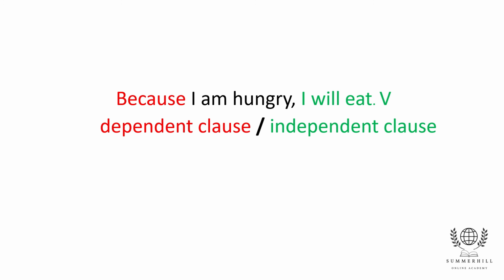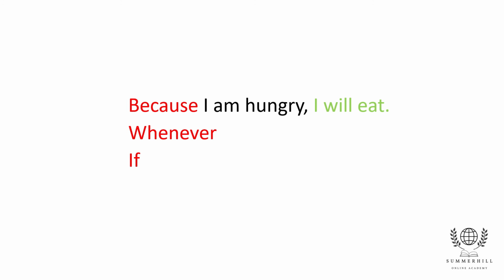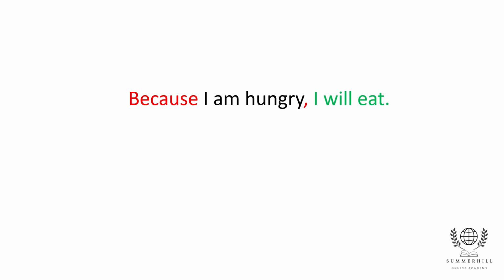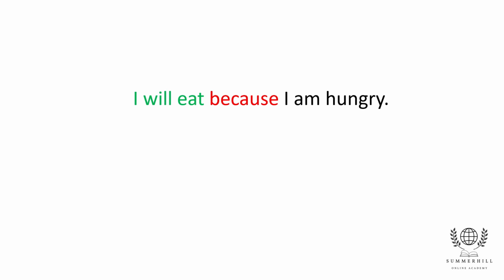Just as a reminder, if we start a sentence with a subordination, because I'm hungry, it doesn't matter which subordination we use, we always put a comma between the dependent and independent clause. And if we put subordinations in the middle, we do not put a comma because our subordination is in the middle of a sentence. So again, every time punctuation is wrong in a complex sentence, the sentence is wrong.